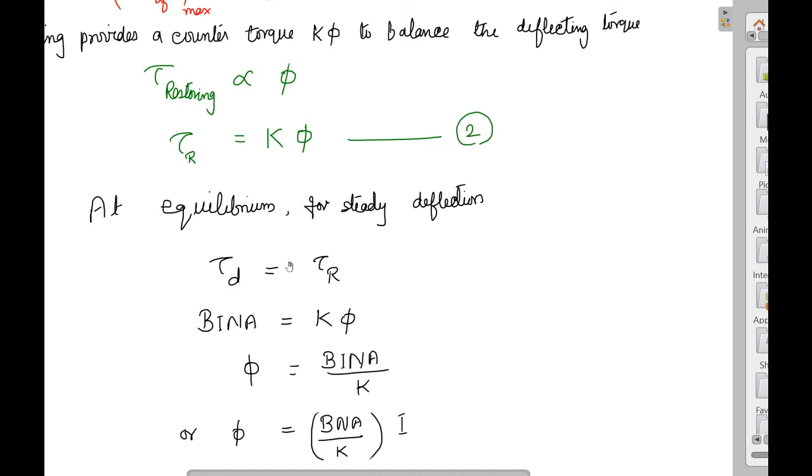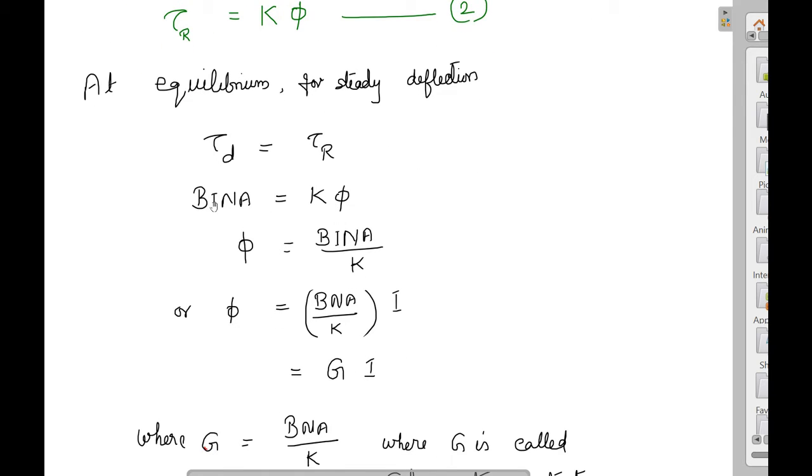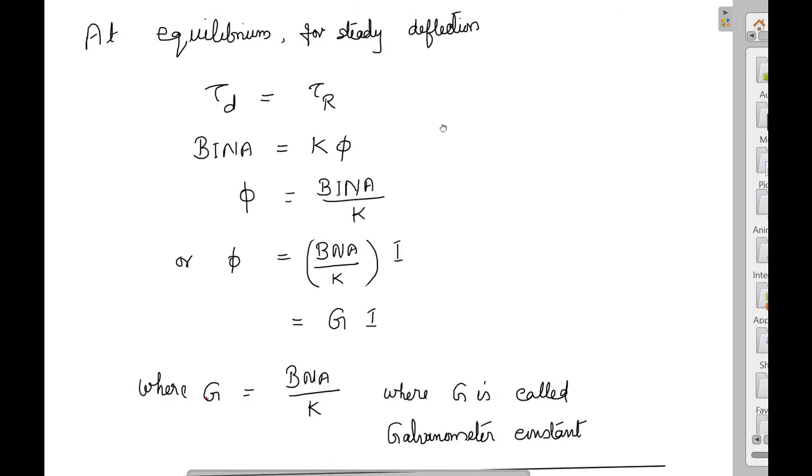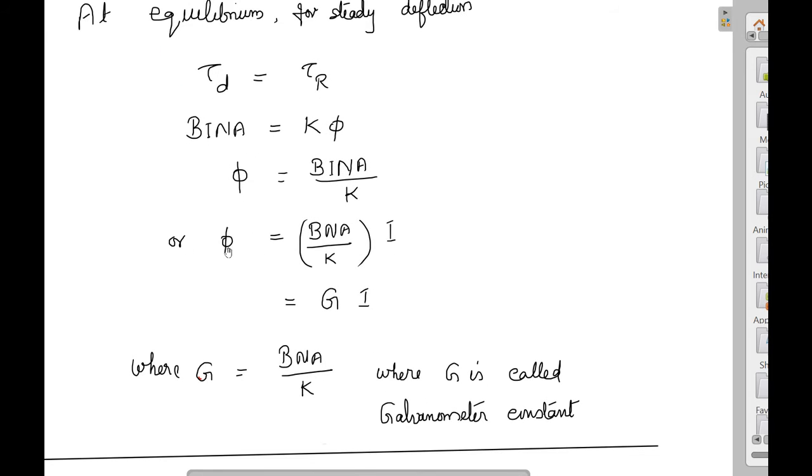Deflecting torque and restoring torque are the same. Equating 1 and 2, see, restoring torque Kφ I have marked as equation number 2, we get φ equal to BINA by K.